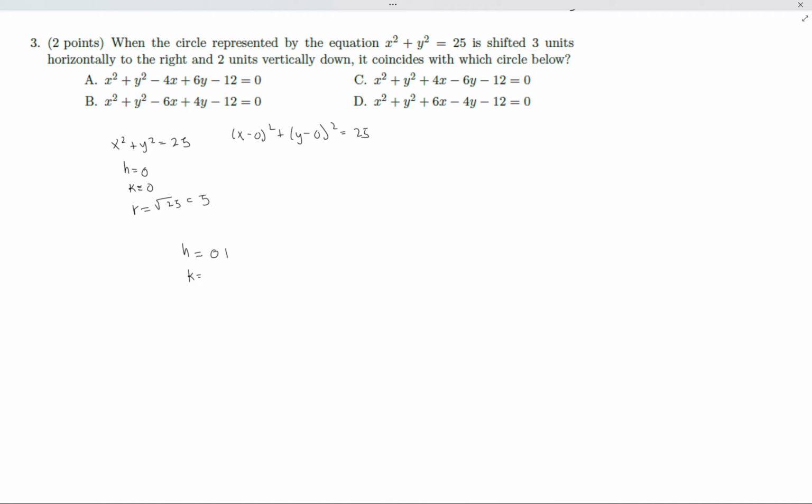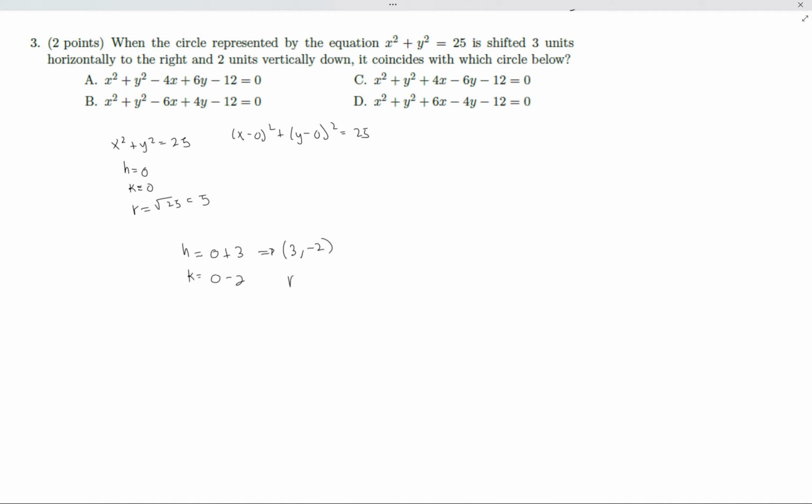In this case, we add positive 3 units because it's towards the right. And for k, our y coordinate for the center, we start at 0 and then move 2 units vertically downwards. Since it's downwards, we add negative 2 units to the starting value. In this case now, our center is therefore located at 3, negative 2.